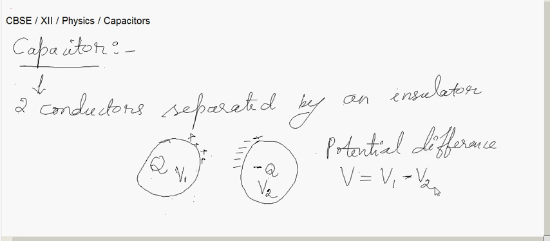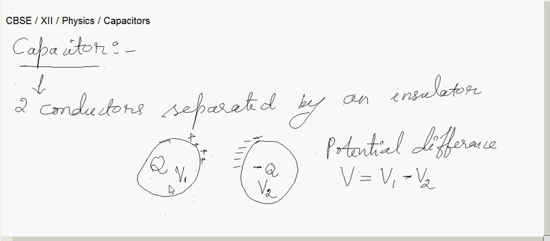Now by definition we know the potential difference V is the work done per unit positive charge. What is the potential difference? We have studied the definition.